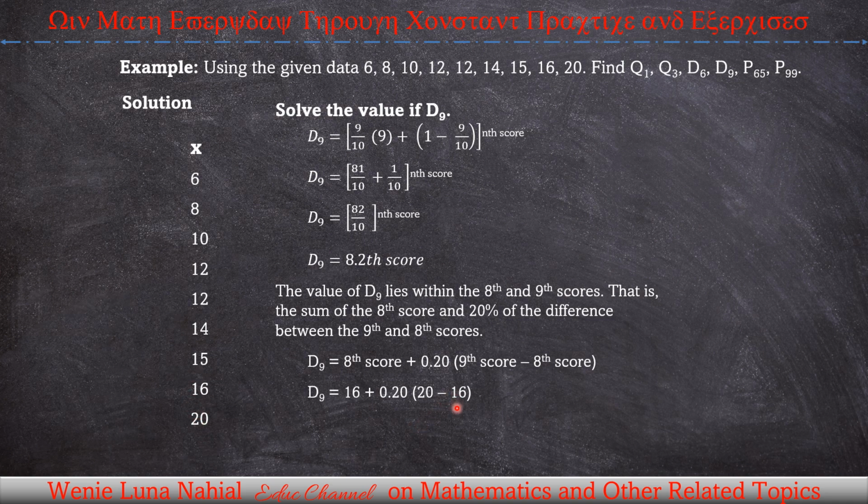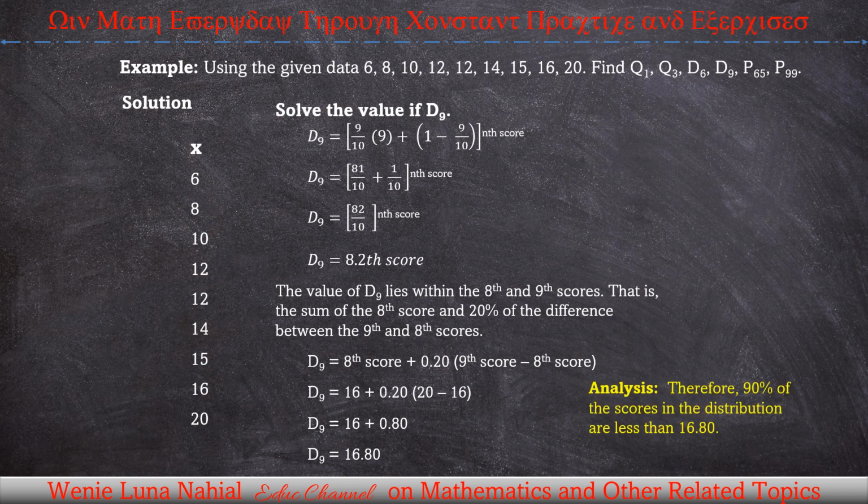So 20 minus 16, that is 4 times 0.2 plus 16. So you have 16.8. So that is our decile 9. Okay, so that is between 16 and 20. So 16, 15, 14, 12, 12, 10, 8, 6.